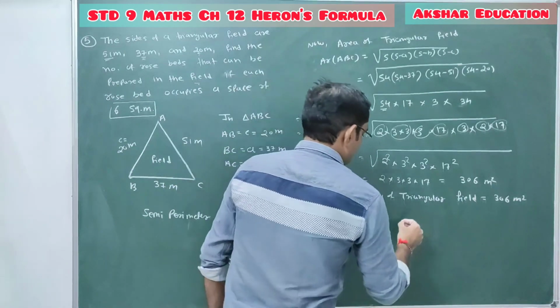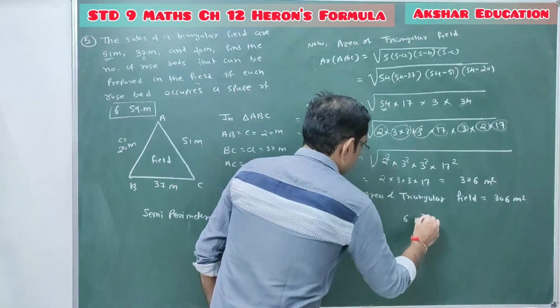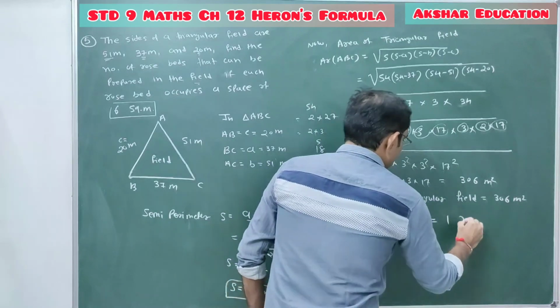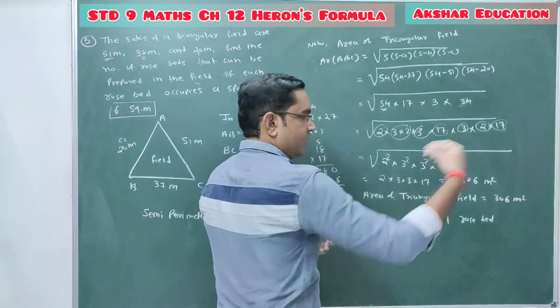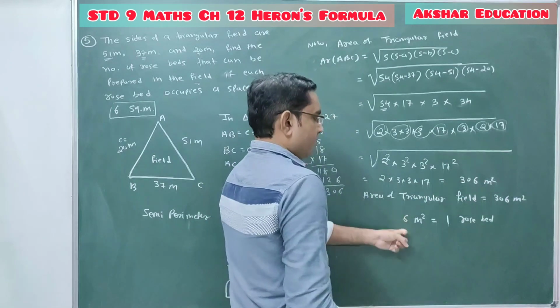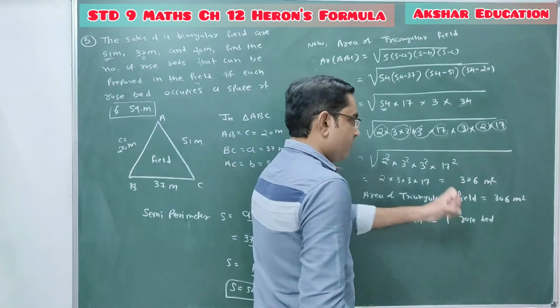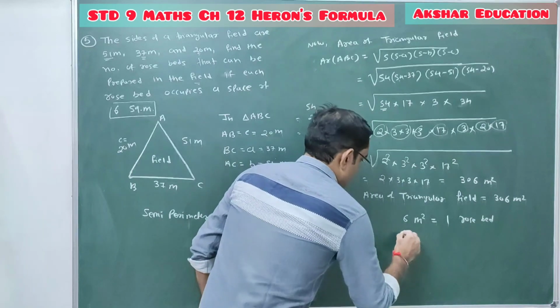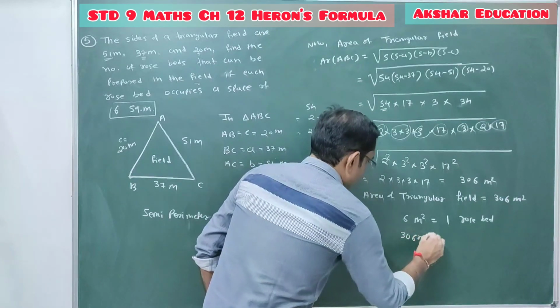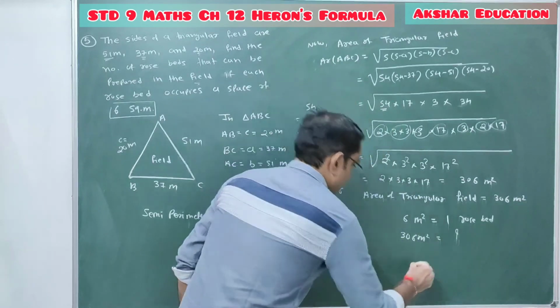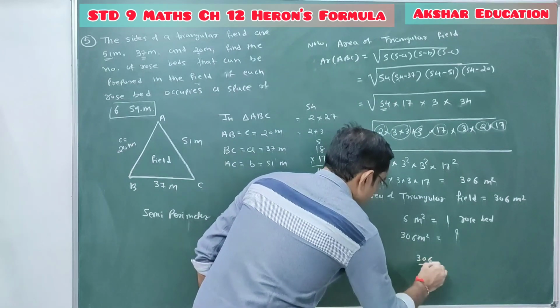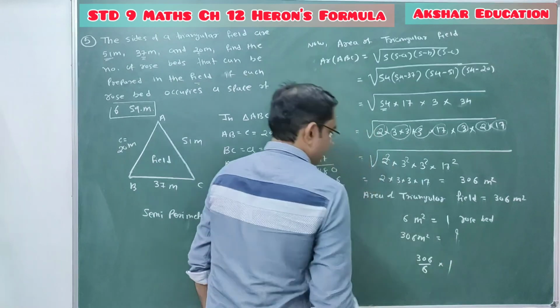So here you can write, 6 meter square area can occupy one rose bed. Whatever quantity you have to find, you put it on the right hand side. So 6 meter square area can occupy one rose bed. So the 306 meter square, that is the total area of our field, occupies how many rose beds? So here we are getting 306 by 6 into 1.